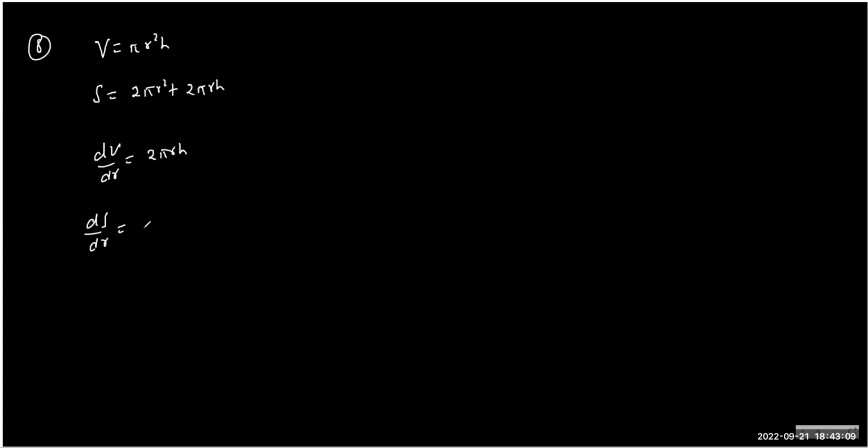So here, how do you know that h should be constant or r should be constant? It is given that it's a solid right cylinder that is 5 feet high and has radius r feet.